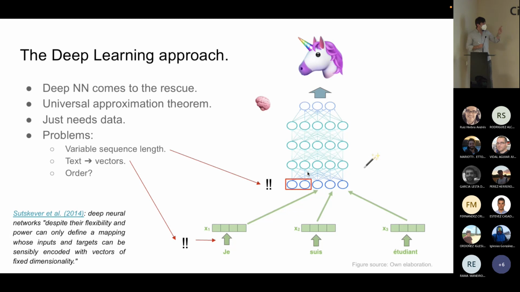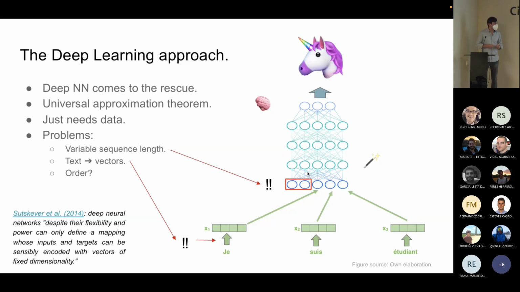As I said, we have to convert text to numerical vectors. Also, we must note that neural networks don't work well with inputs that can vary in length. So we have to find a way to encode sentences in a fixed length fashion.